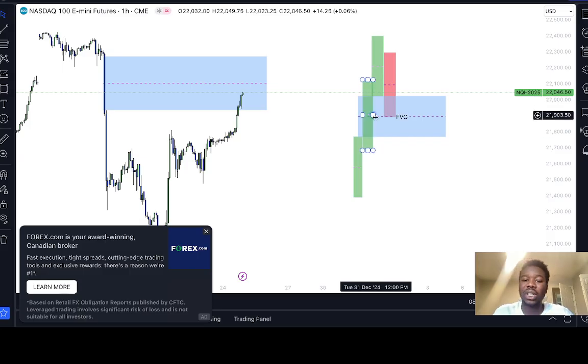That's going to be your gap in price. Price never touched this area. So we're going to expect that price would want to return into this fair value gap to give you an opportunity to enter the market, right?